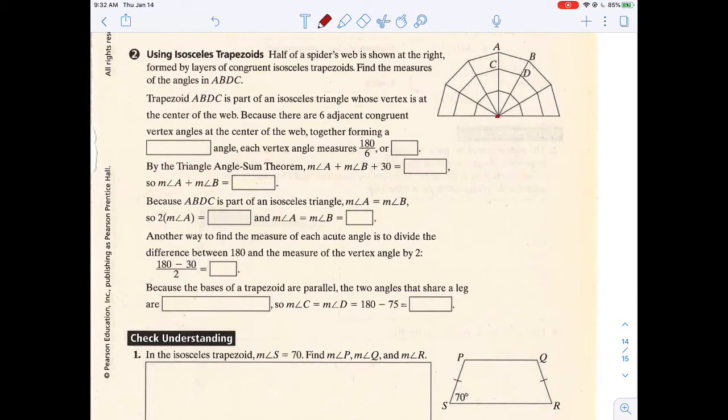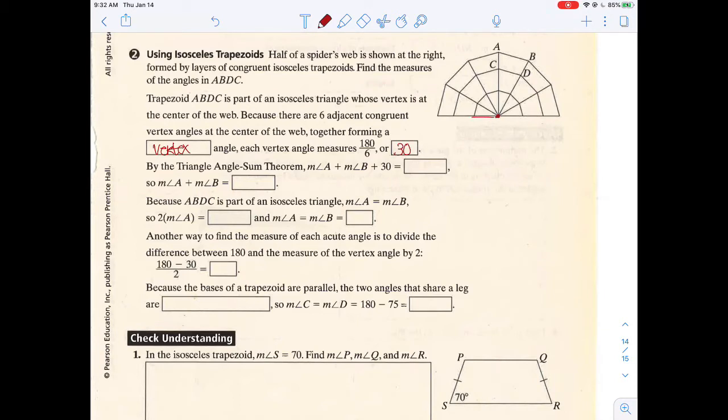Because there are 6 adjacent congruent vertex angles at the center of the web, each vertex angle measures 180 divided by 6, or 30 degrees.